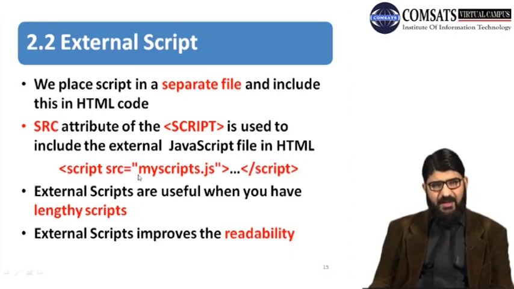Do consider that when you are going to use an external JavaScript file, you will save it with the extension .js. .js shows that it is a JavaScript file. .css shows that it is a CSS file. .html shows that it is an HTML code file.